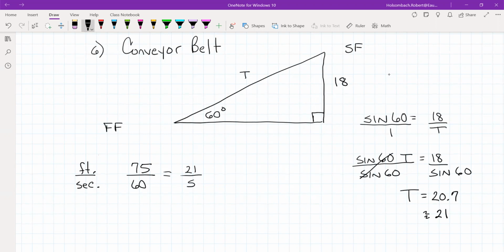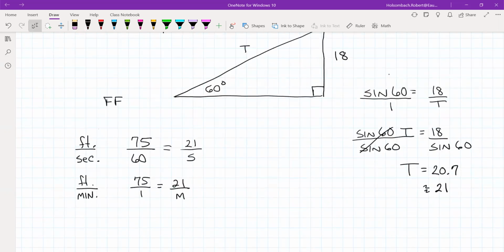So actually, since they're looking for their answer in minutes, I'm going to write a second proportion as feet to minutes. 75 feet in 1 minute equals 21 feet in m minutes. If they would have asked for the answer in seconds, you would have wanted to set your ratio as feet to seconds. Since they asked for the answer in minutes, we're going to write our proportion in feet per minute.